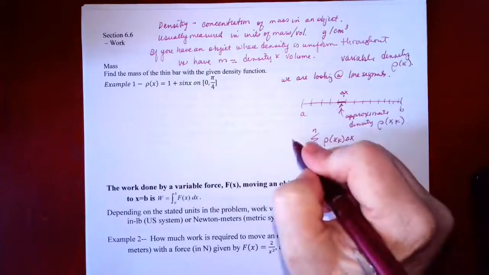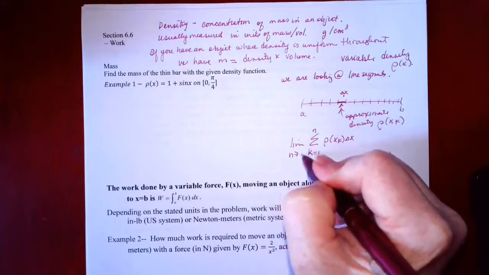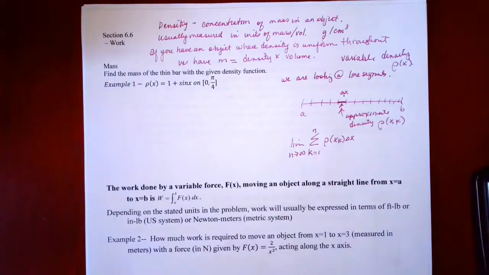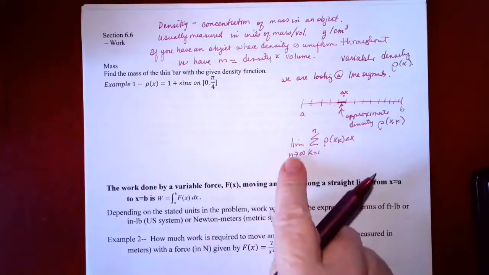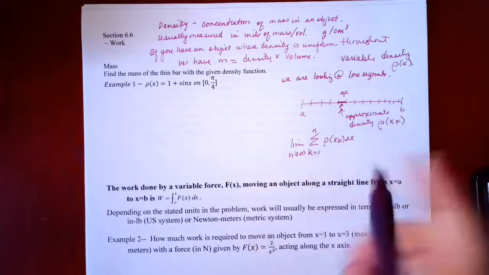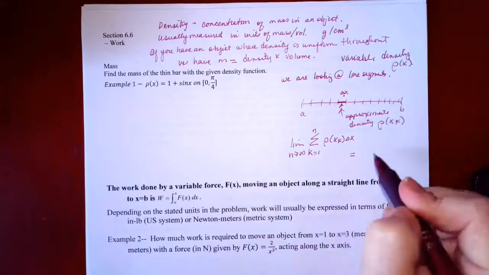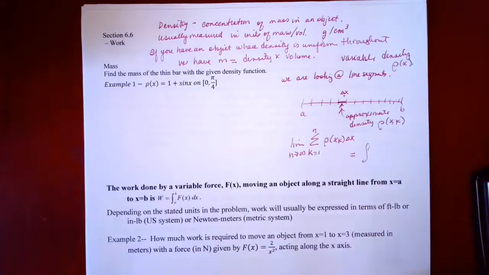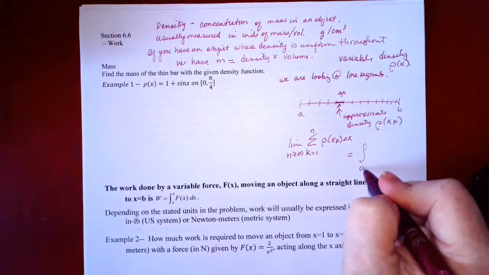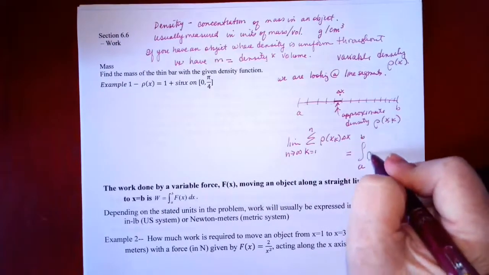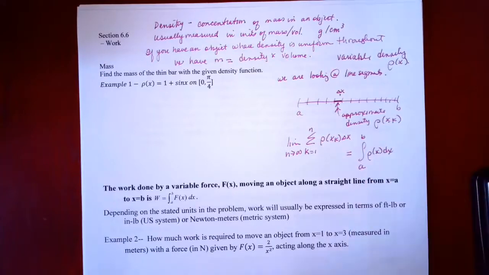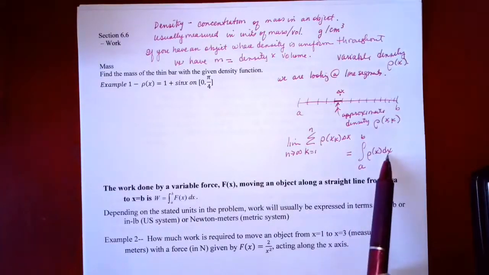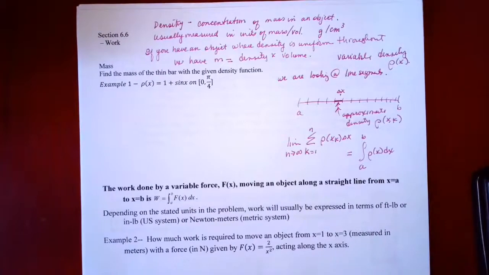Finally, we take the limit as the number of subintervals goes to infinity. That definition should look fairly familiar to you. One way we could express that is the integral from a to b of the density function times length. Normally we have a volume multiplier, but at first we're just talking about line segments, so we're talking about a linear distance.